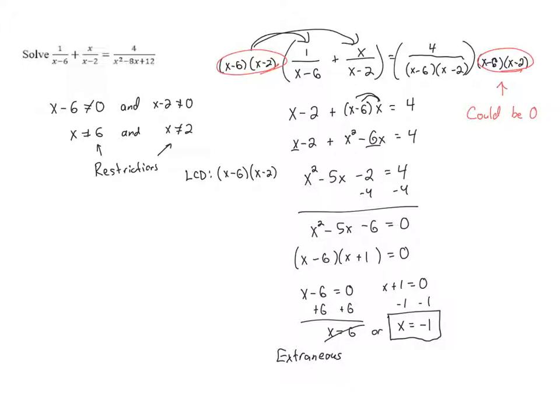Because x is a variable, x could be pretty much anything we want it to be. And in this case, if x is 6, for example, then 6 minus 6 gives us 0. Or if x equals 2, then 2 minus 2 equals 0.